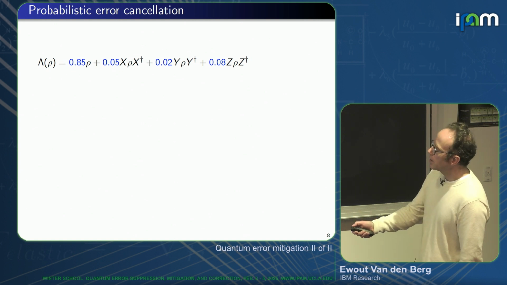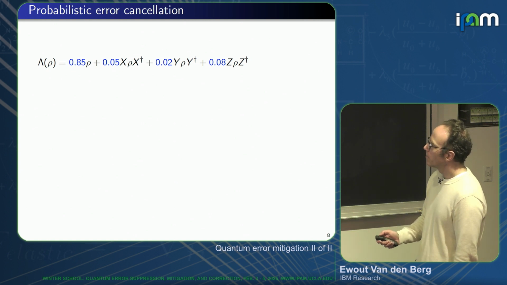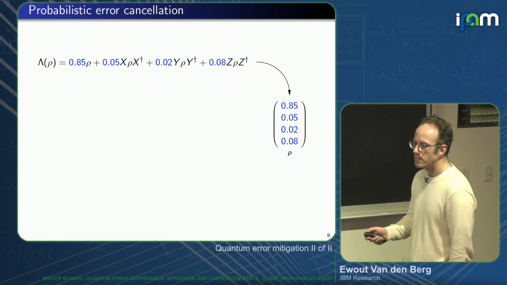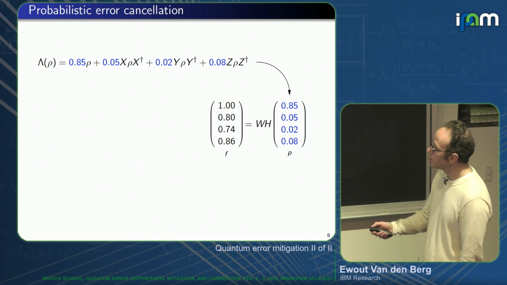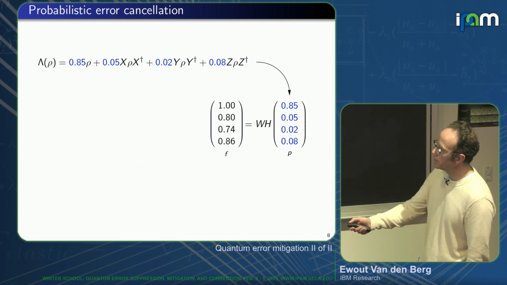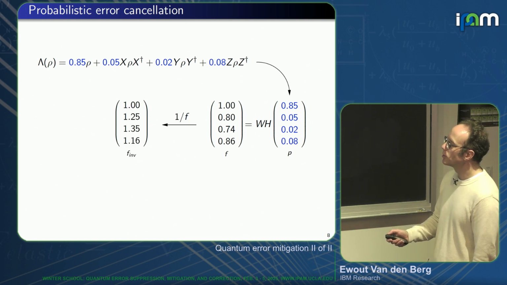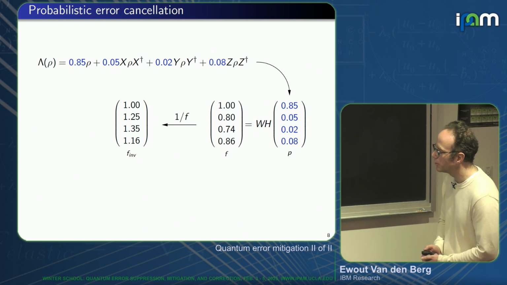So suppose we're given this Pauli channel, right? It has an identity term, x, y, and z, and we put all of the probabilities in a vector. Then if we pre-multiply this by the Walsh-Hadamard, we get the fidelities of this channel, and then we can just invert them. So we take 1 over the fidelity, that would be the inverse fidelities.